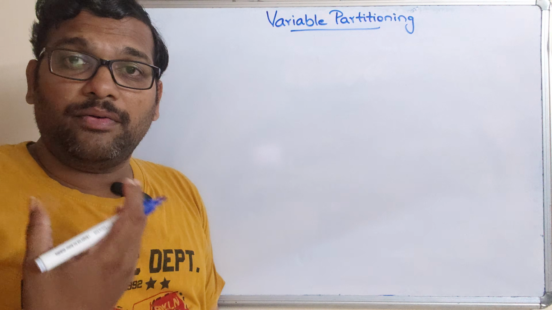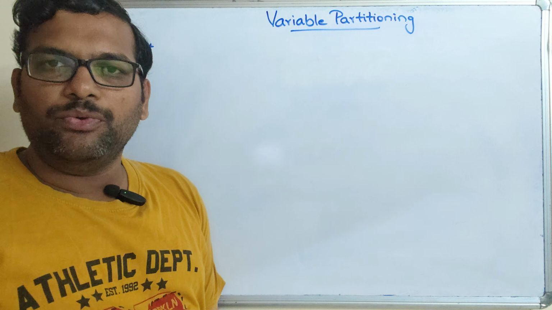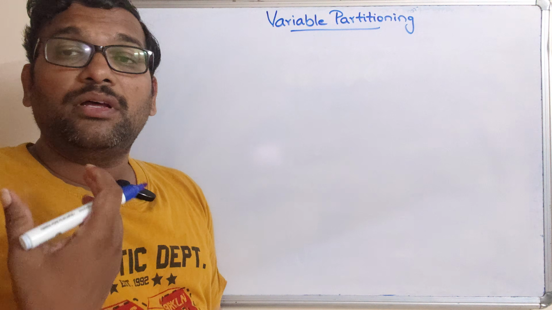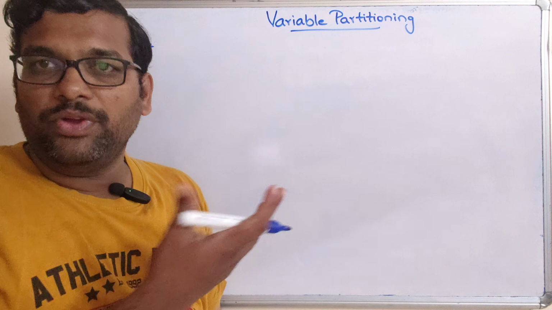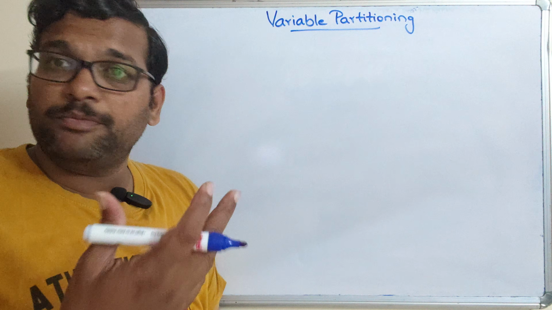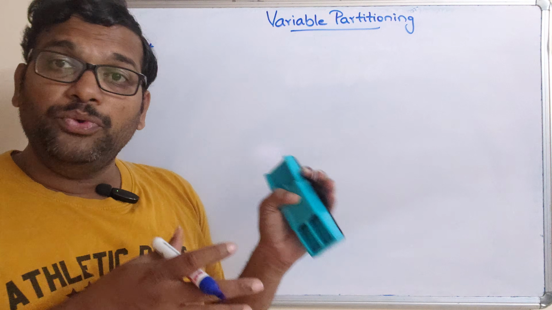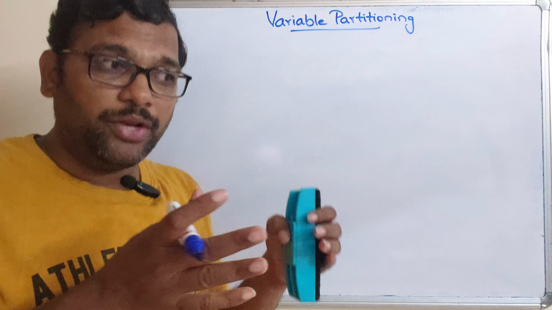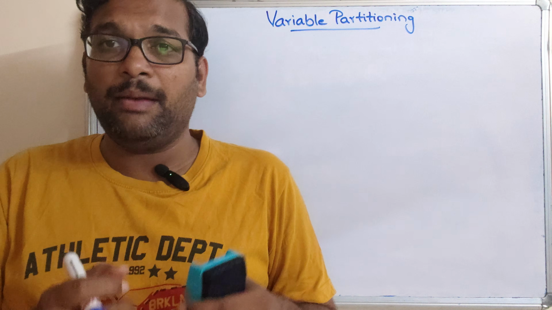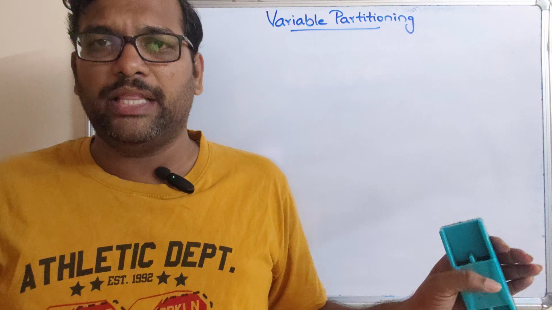Whenever we are dealing with multiprogramming, these memory allocation techniques will be used. Coming to uniprogramming, we have seen in the different types of memory management techniques video the two categories, uniprogramming and multiprogramming. In uniprogramming, only one process can be loaded into the main memory at a time, so there will be no problem with that.